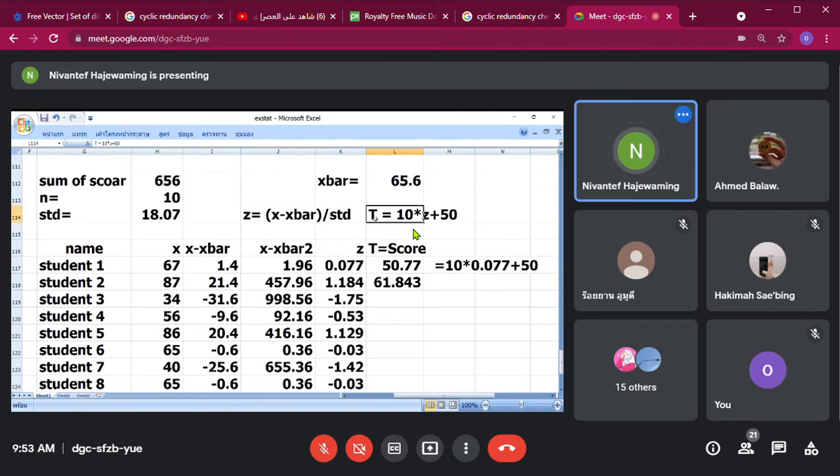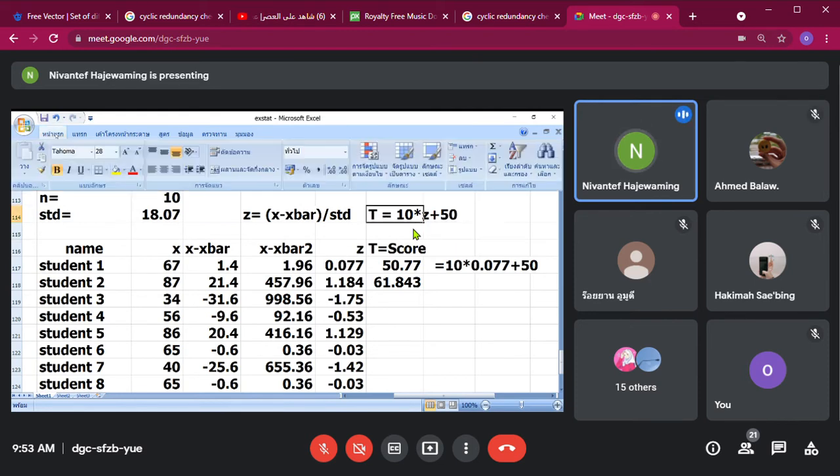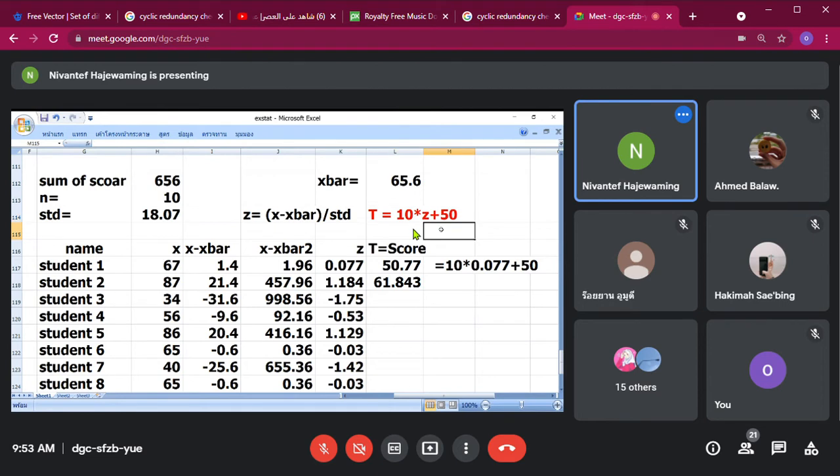With this formula, you can change a Z score to a T score.